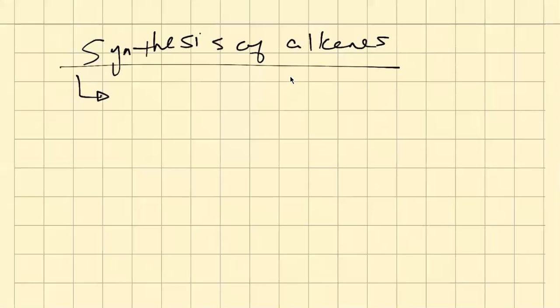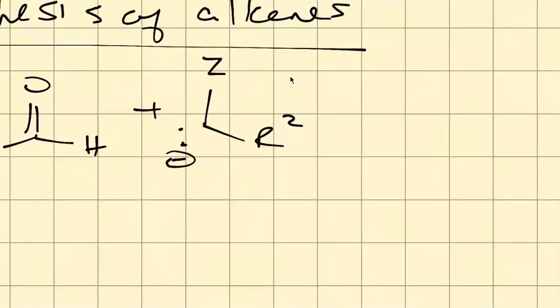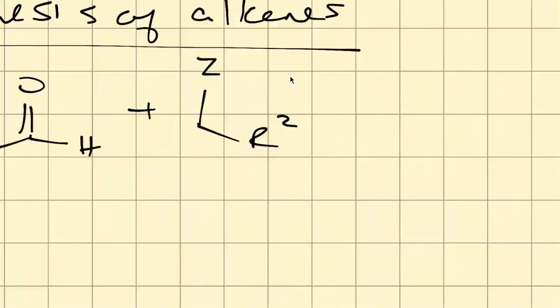So let's say I have a carbonyl. I'm going to label that R1, and then I react that with some nucleophile. So I have some nucleophile with the R2 group on it, right?